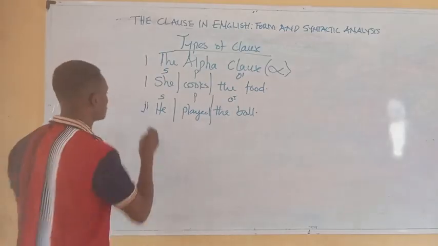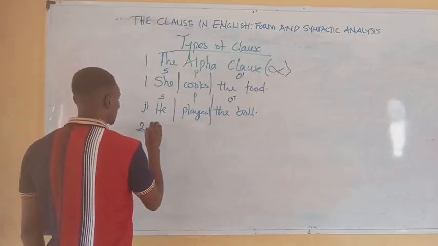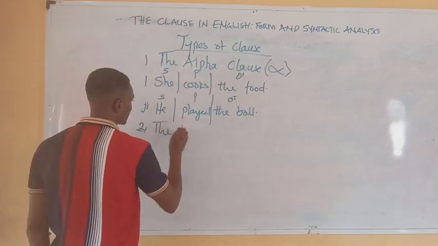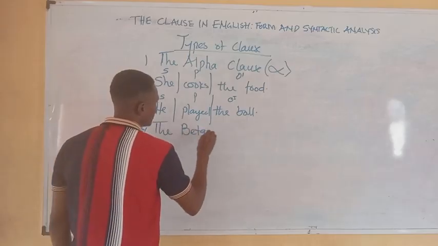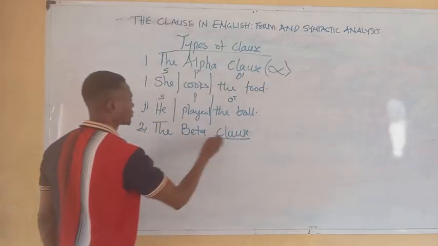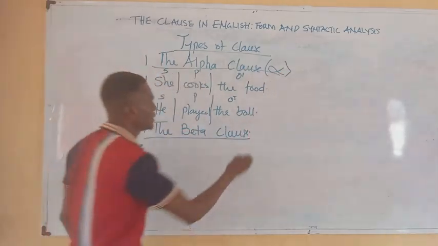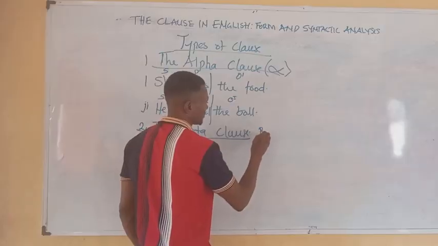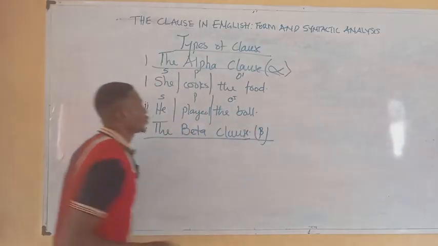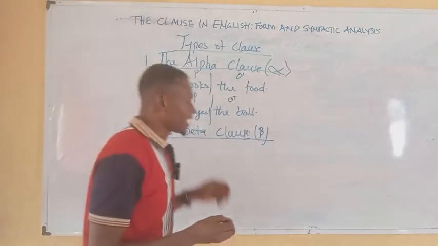So number two type of clause, we have the beta clause. Don't forget, number one we have the alpha clause, and number two the beta clause with this beta sign. What is a beta clause?